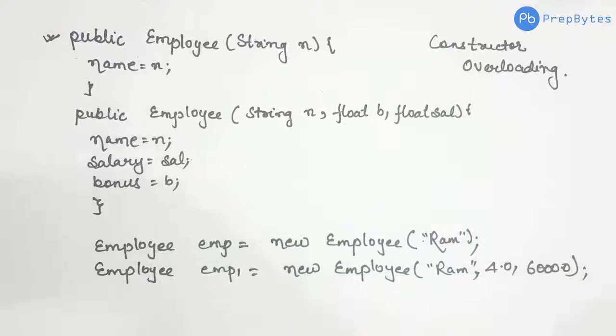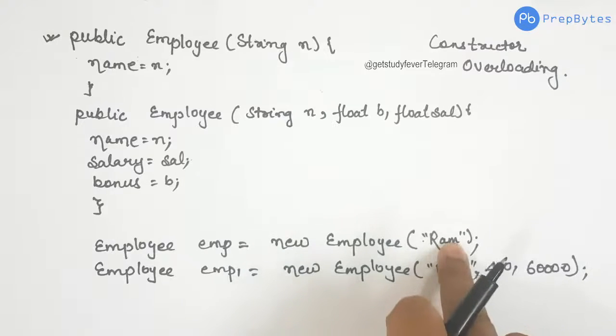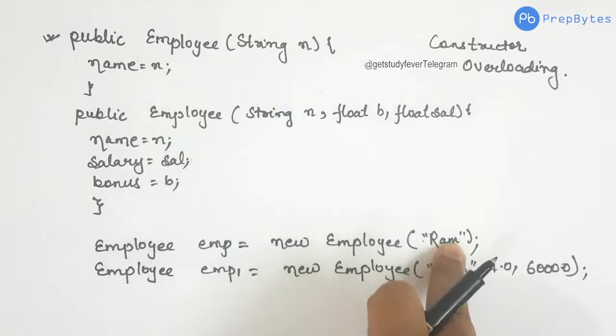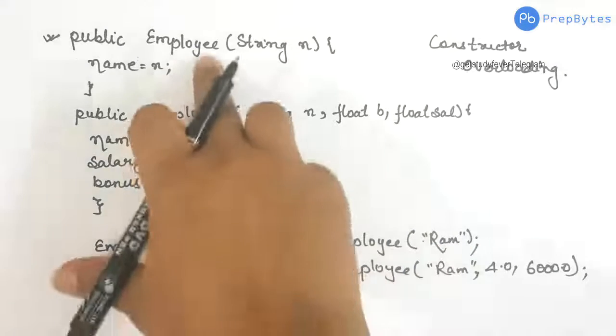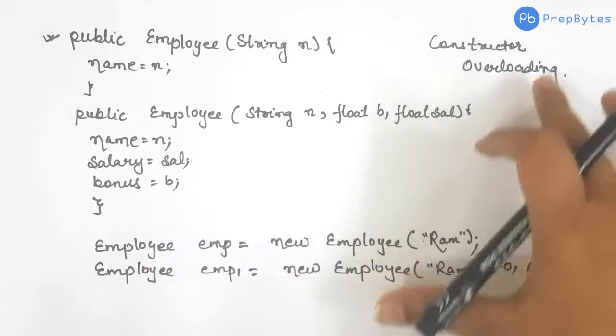What happens in constructor overloading is that you have more than one constructor, and depending upon the number of parameters and the data types of the parameters that you are providing, the particular constructor gets called. This is constructor overloading.